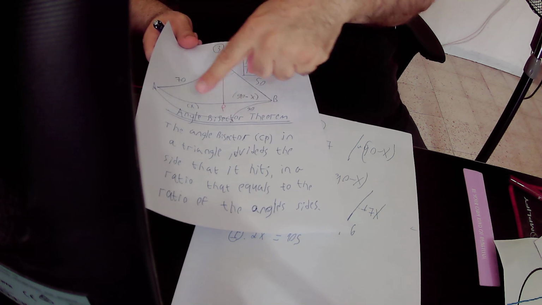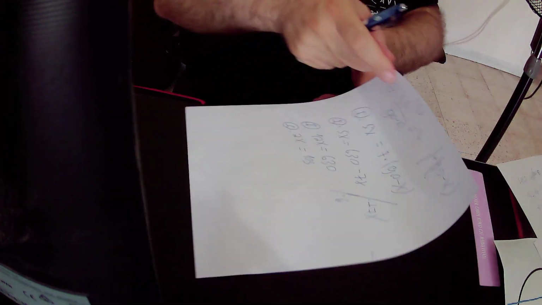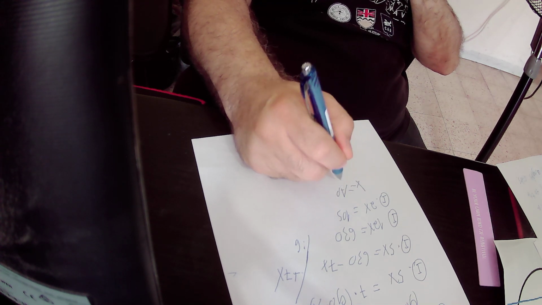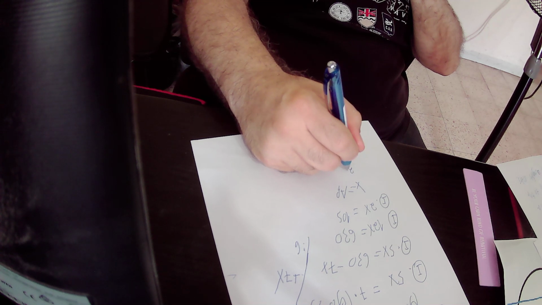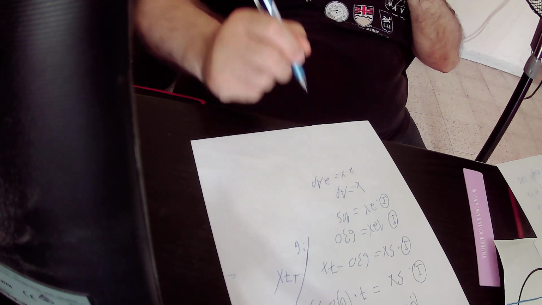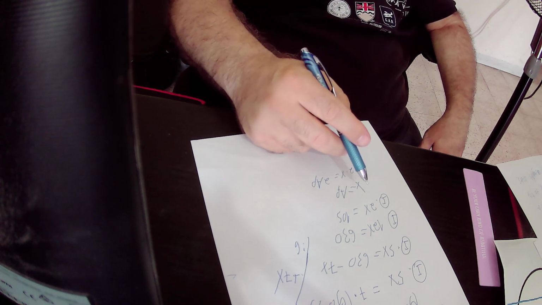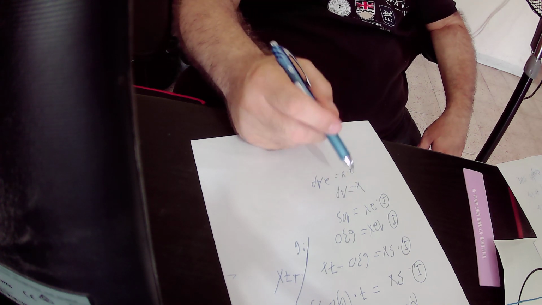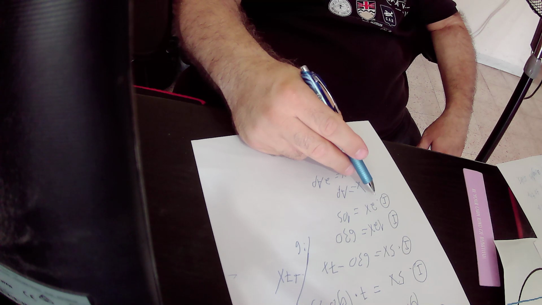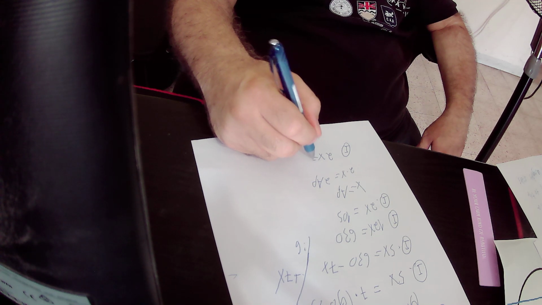X equals AP. We defined x as AP. So x equals AP. So 2 times x equals 105.